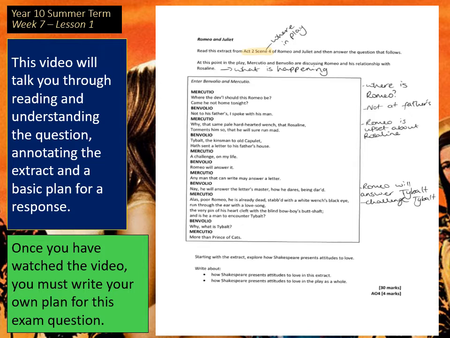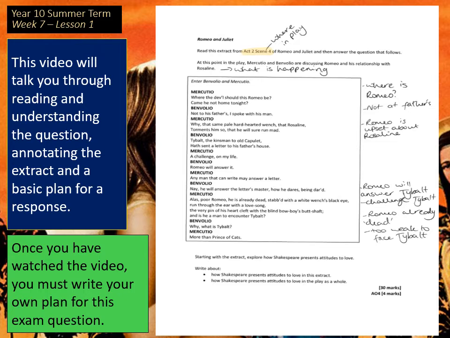And then Mercutio says that Romeo is metaphorically already dead, because of his feelings for Rosaline. Okay, this love for Rosaline has left him already dead. And therefore, he's too weak to face Tybalt.